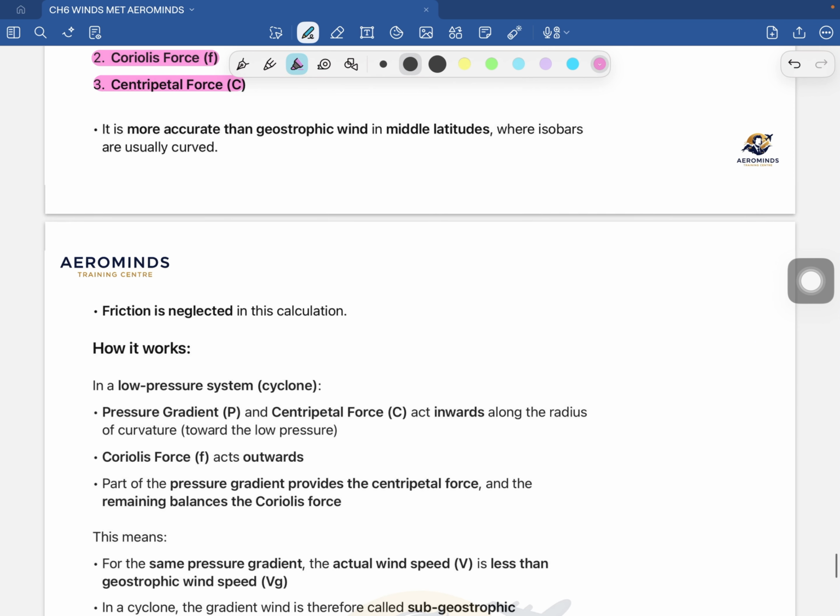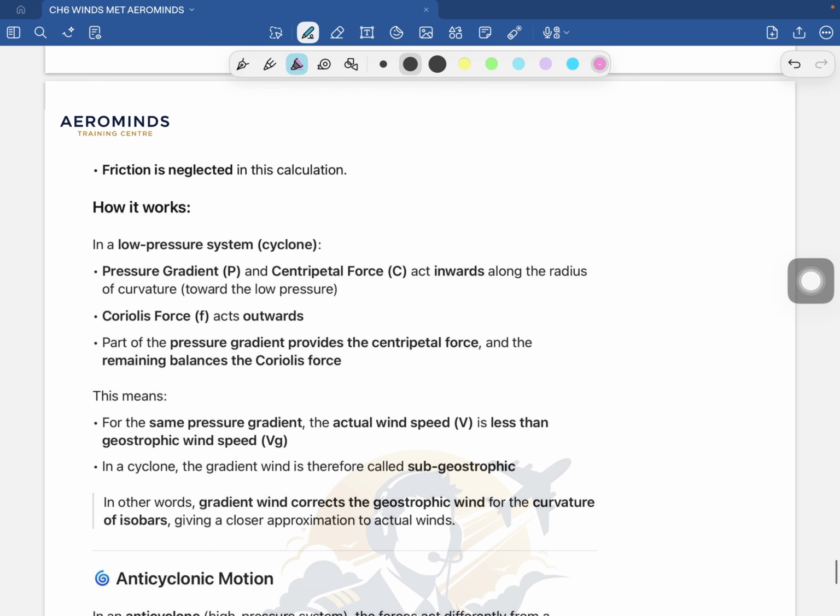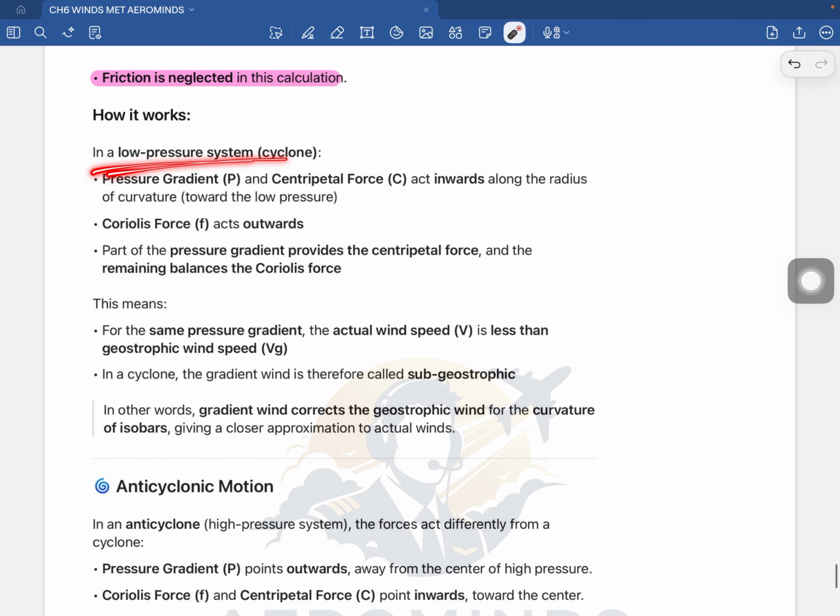And it is more accurate and more realistic than geostrophic wind in the mid latitudes, where the isobars are usually curved. Then friction is neglected in this calculation because it is a high altitude wind.